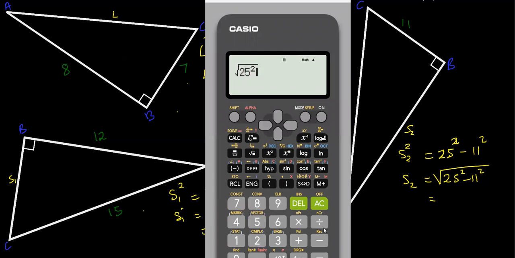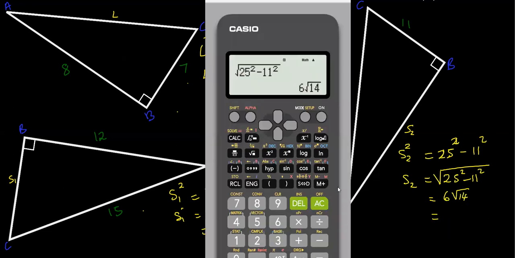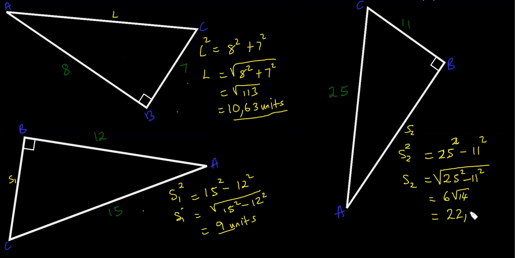25 squared minus 11 squared, we get 6 root 14, which in decimal is 22.45 units.